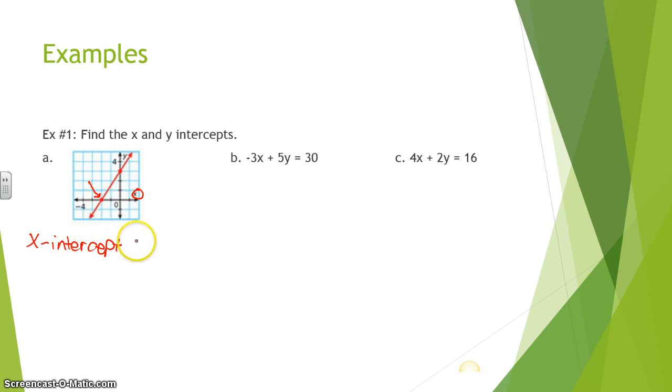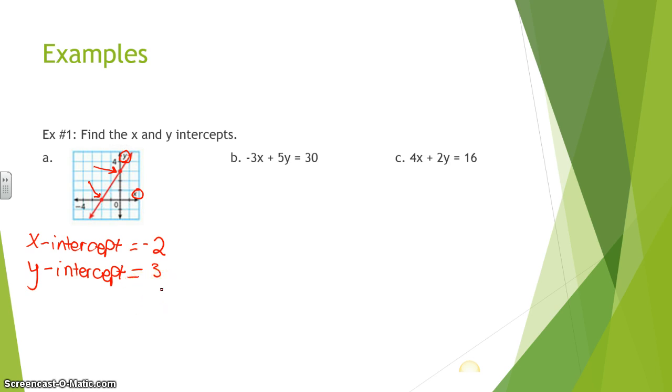So my x-intercept is going to be -2. My y-intercept is going to be the point that falls along my y-axis, which is right here. Starting at 0, we go 1, 2, 3, so that is going to be the value 3. So my x-intercept is -2. My y-intercept is 3.